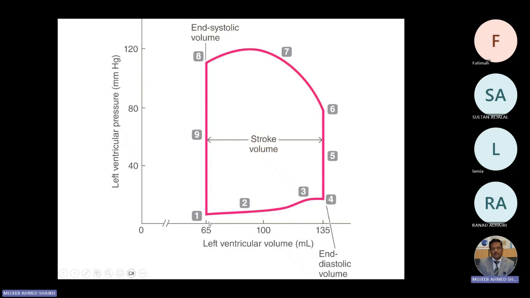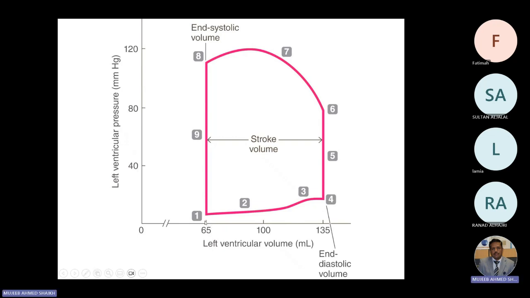Once the ventricle starts relaxing, let's say we start with the diastole. At the diastole, there is some blood present. There is already some residual blood, which is called the end systolic volume, the amount of blood present at the end of the systole.